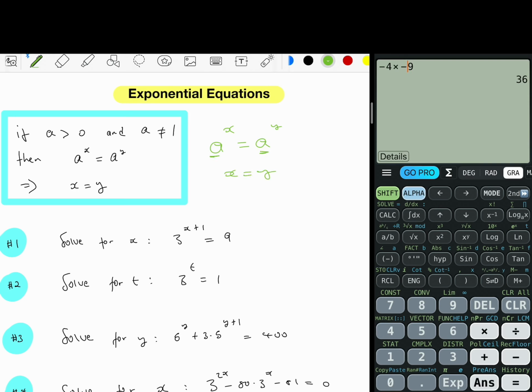By the way, the conditions are that base a should be greater than 0, and base a should not be equal to 1. We cannot have a situation where a is equal to 1 or a is negative. Those are 2 conditions. But essentially, if the base is the same, you can equate the exponents.